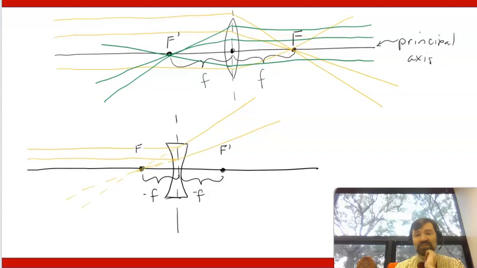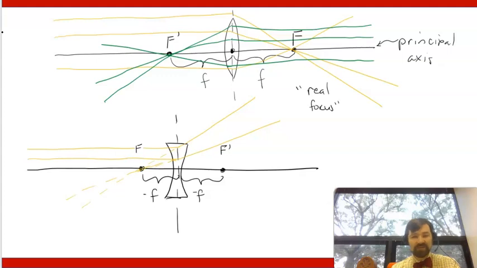If I had rays incident from this way, I'd have the same basic thing. They'd bend away, and this would be the focal point. Up here, we could say a positive or real focus.